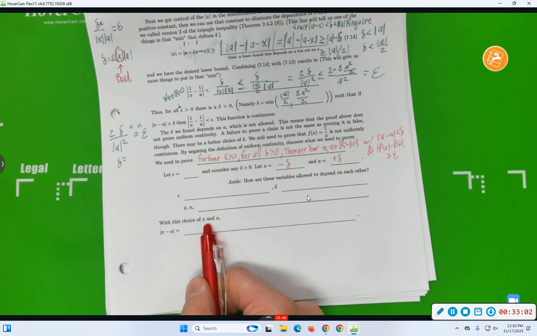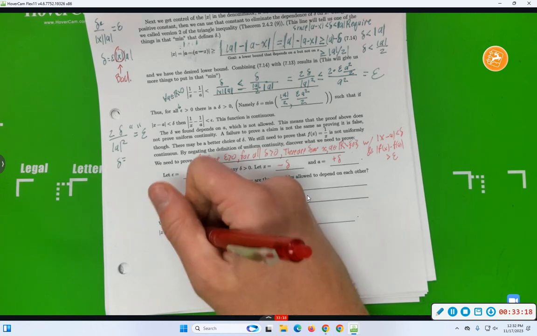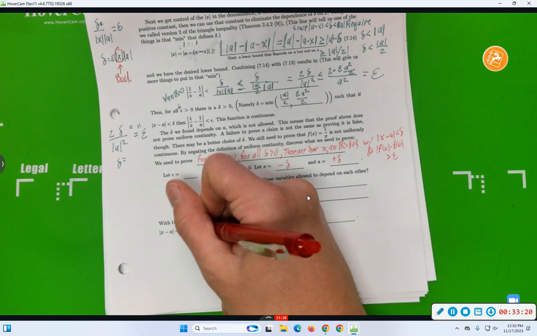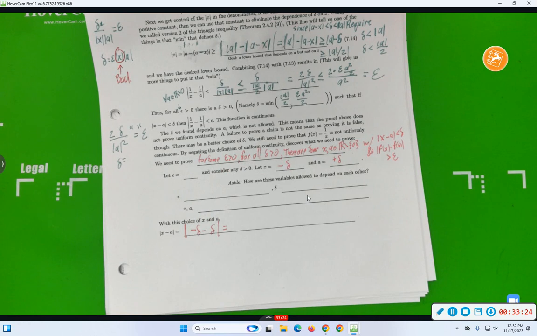So with that choice of x and a, let's compute the absolute value of x minus a. With that choice of x and that choice of a, what do you get? Let's see, it's the absolute value of negative delta minus delta? What is that?